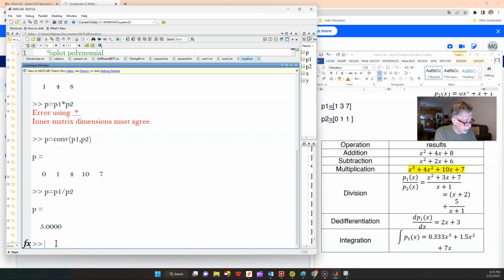So you don't write P now. Why? Because the output of the division is two things: the result of the division and the remainder. In MATLAB, when you have two outputs, you use square brackets.